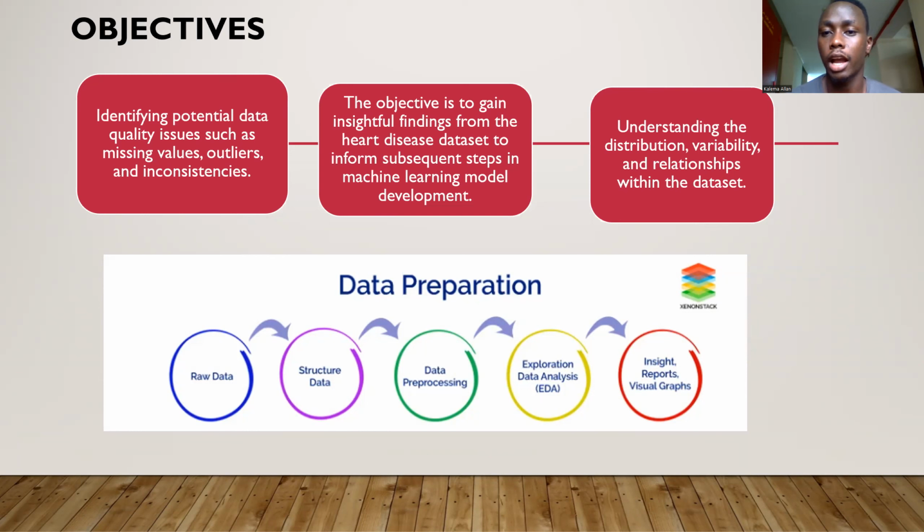Then the other objective is understanding the distribution, the variability, and the relationships within the dataset. As we will see, there are going to be very many features in our dataset, and we're going to link some of these features to the others and see how they help us in the dataset.